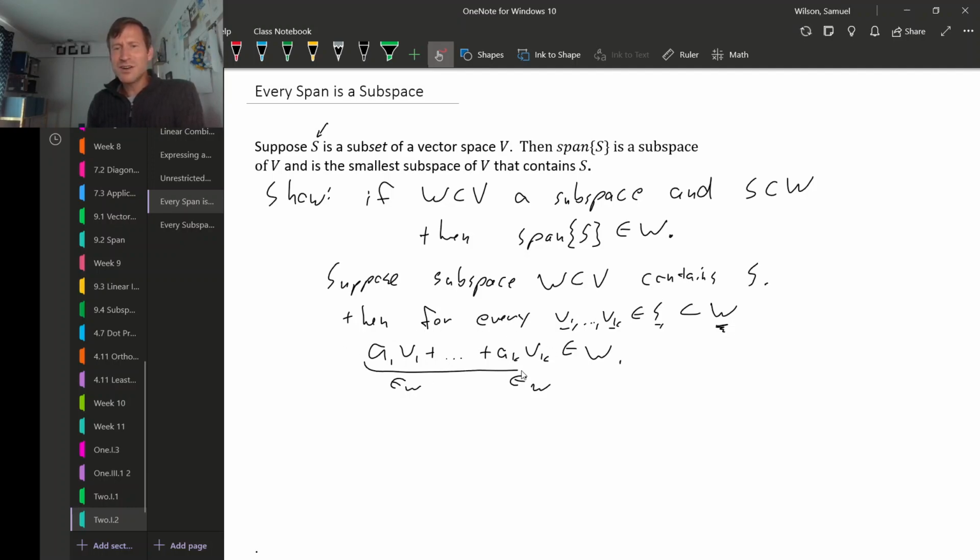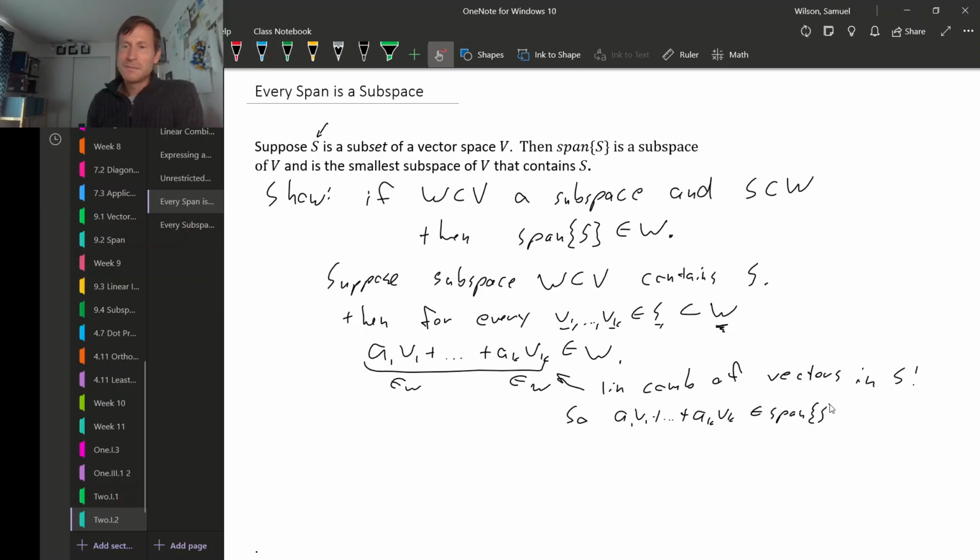But look, this is a linear combination of vectors in S. So this linear combination, a1 v1 up through ak vk, is also in the span of S. And in fact, every vector in the span of S is of this form.